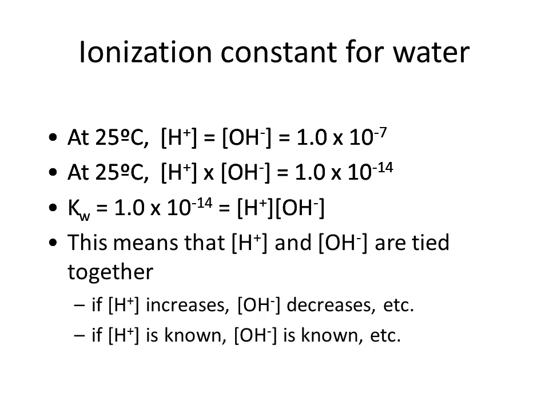That means that when proton concentration is increased because you add an acid to something, then hydroxide concentration must decrease. Or if I add hydroxide to something, well then proton concentration has to go down. These things are mathematically tied together, and we find they behave quite regularly in nature, and we can predict things that are going to happen.